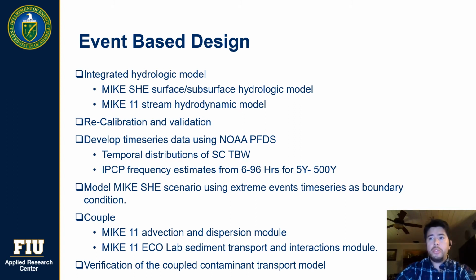So, for example, we redigitized the streams using a 1 meter digital elevation model, and cross sections were made wider to improve the conveyance for the drainage of the extreme flows.